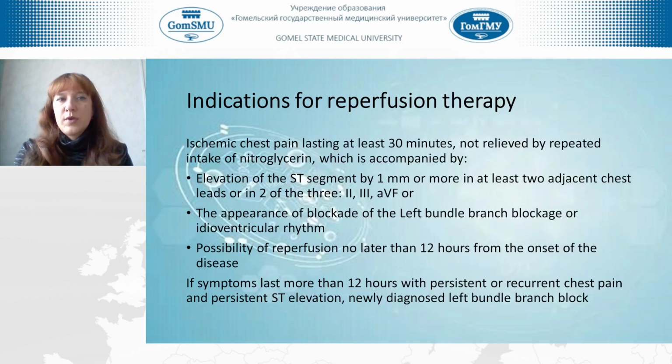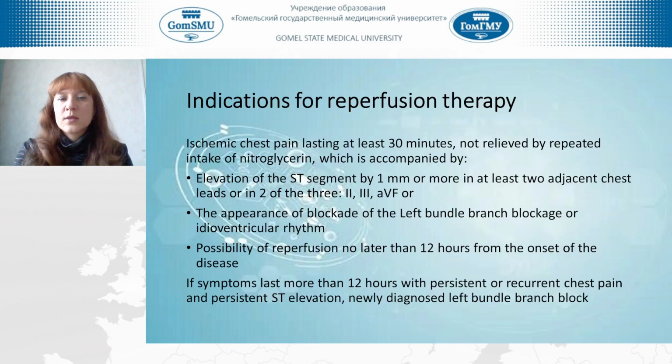Indication for reperfusion therapy: ischemic chest pain lasting at least 30 minutes, not relieved by repeated intake of nitroglycerin, accompanied by elevation of ST segments by 1 mm or more in at least 2 adjacent chest leads, or in 2 of leads II, III, and aVF, or the appearance of left bundle branch block or idioventricular rhythm, and possibility of reperfusion no later than 12 hours from the onset of the disease.